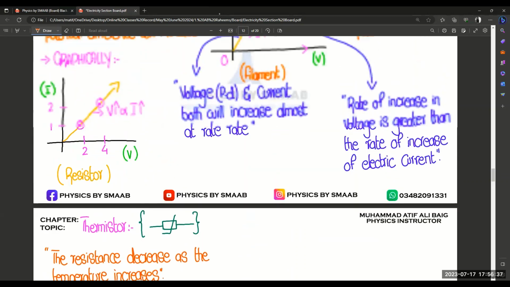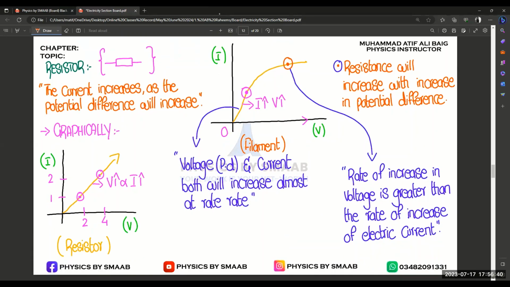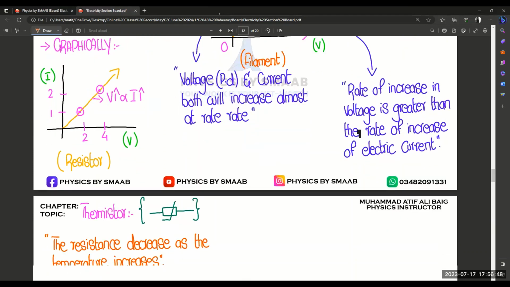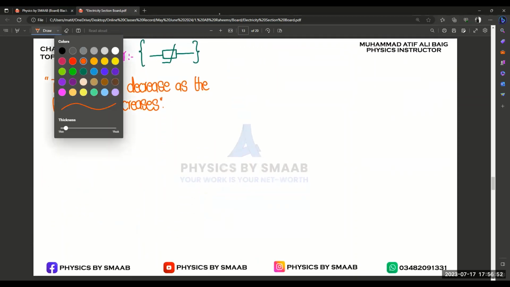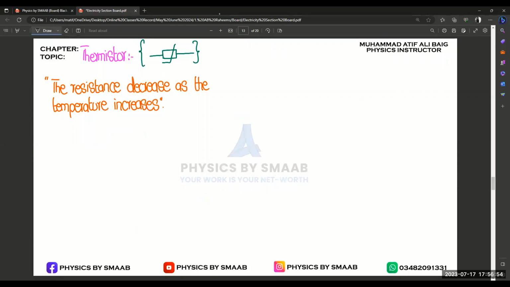So basically, in this situation, current will increase at a greater rate as compared to the potential difference. Now you are getting the concept. So this is completely opposite to the filament in simple words. Your graphical representation will be like this: again we need to draw the y-axis and x-axis.